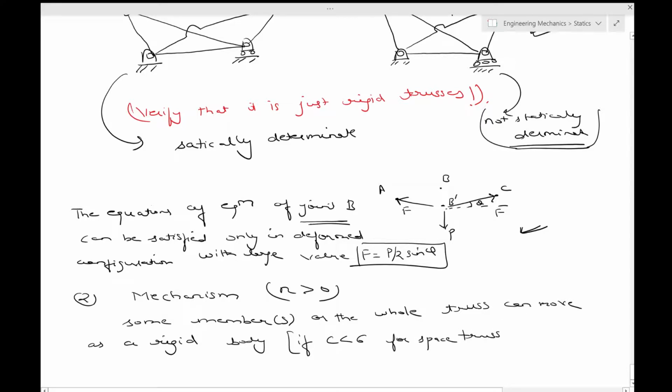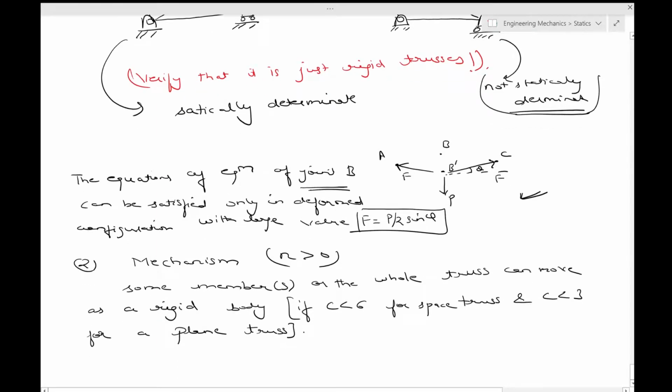Remember the degrees of freedom for a planar and a spatial truss. Degrees of freedom are not necessarily meant to be 0. Many times you want n to be greater than 0 because you want to design a mechanism, and robots and any automation require n to be greater than 0.